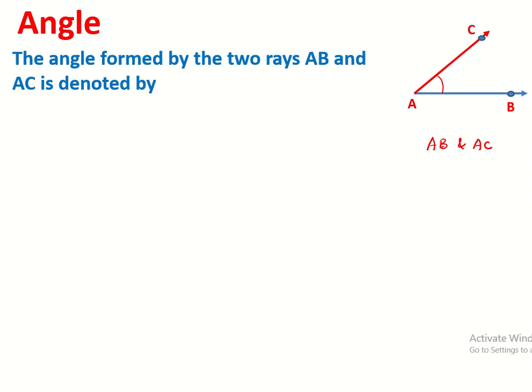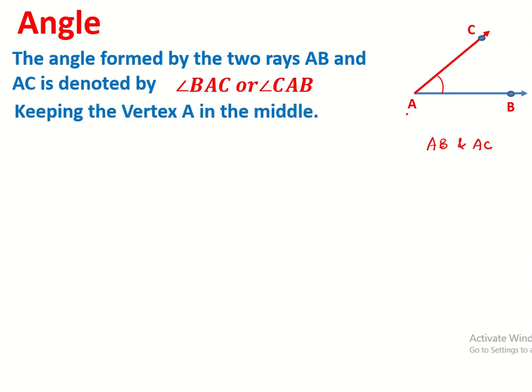Now this angle is denoted by angle BAC or CAB. That means when we are naming an angle, we always keep the vertex point in the middle. So we can use the two letters initial.